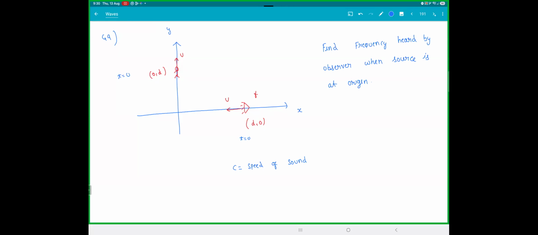Yeah, they can ask f apparent as a function of theta. Let's see how you do this. They have the same speed. They're initially at the same distance from the origin. Be careful with that question. It looks innocent. It's not.